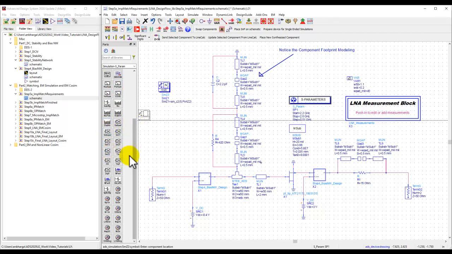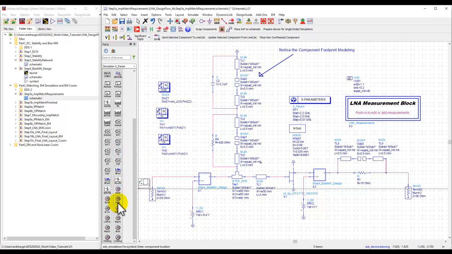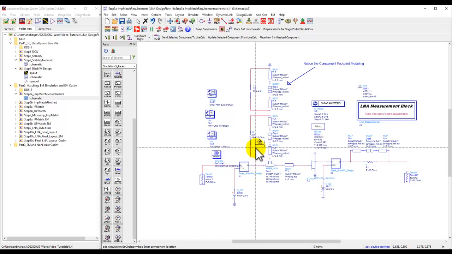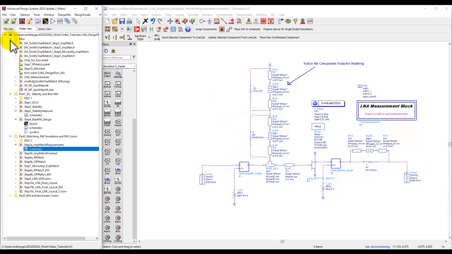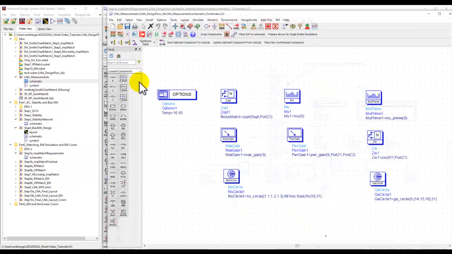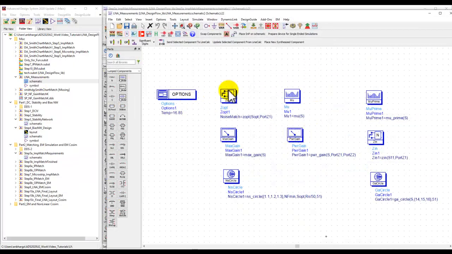However, the thing which I have tried avoiding is placing too many measurement functions on the schematic, because that kind of clutters the schematic representation. Instead, I have created a new schematic, and in this schematic I have placed all those measurements which I want to do, including the options block.